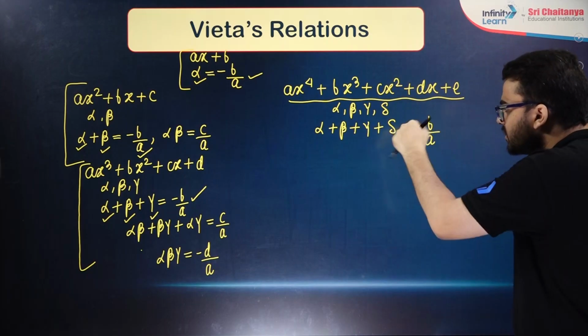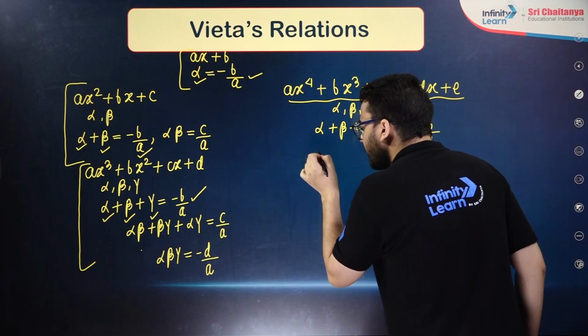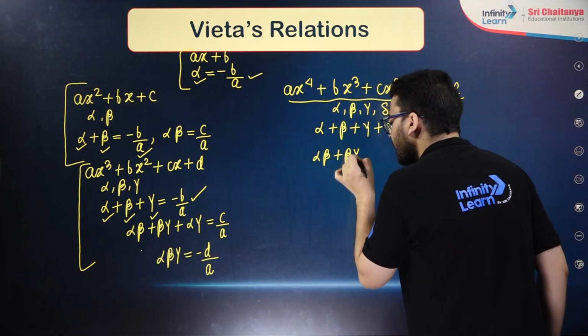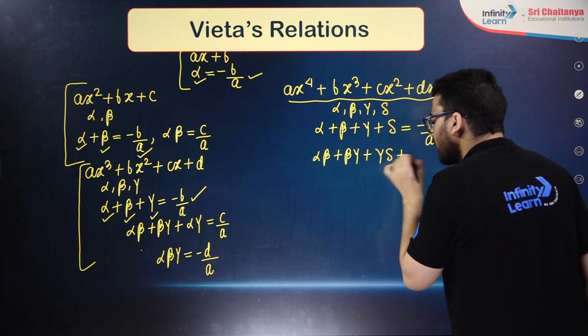Now if you take two zeros over here, how will you write? It will be alpha beta, beta gamma, then gamma delta. Now there are more in it.